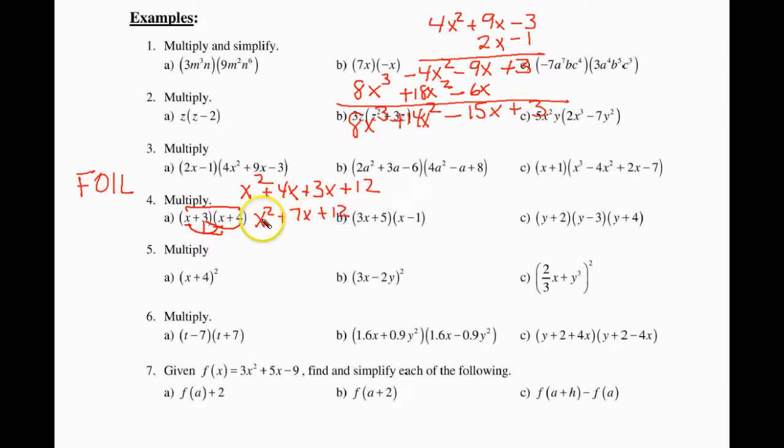Now you have what is called here a trinomial that came about from multiplying two binomials. Here, these binomials are referred to as factors that we spoke of earlier, and this is the product of multiplying these two binomials.